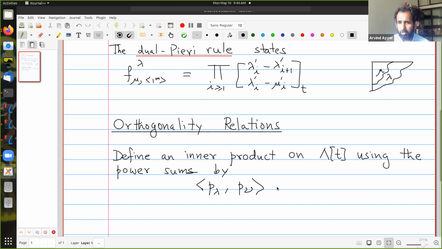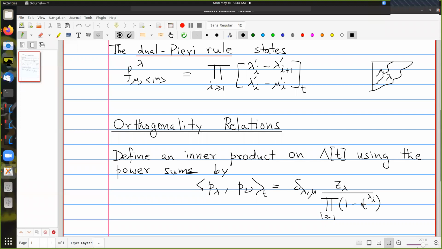You define them again to be orthogonal, but you define the inner product, let me say sub T, so this will take care of the orthogonality. The norm will be given by z lambda, which was the size of the centralizer, divided by, now there is an extra factor, the product over i of 1 minus t to the lambda i. So in the limit when you set t to 0, you get the usual one.